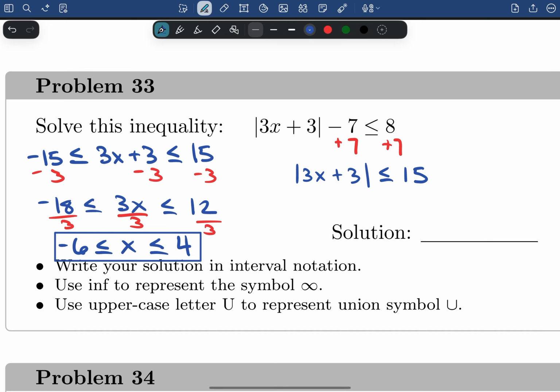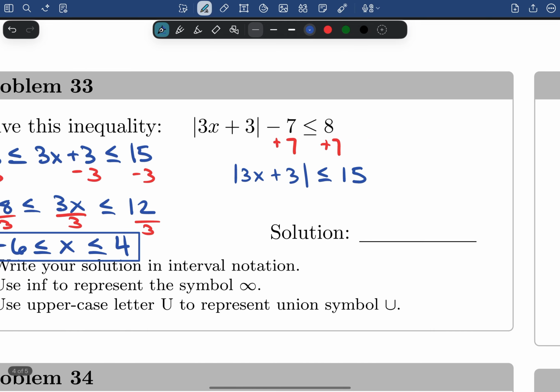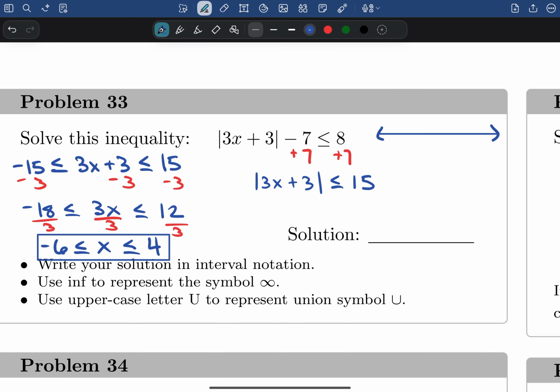Now, you could think about this on a number line. That's always good, so I'll do that really fast. If I create a number line, I found negative 6 and positive 4 were the starting and finishing points, like the lower bound and the upper bound, yeah? And I have closed dots at both those locations, and I shade the region in between. So that's the solution graphically.